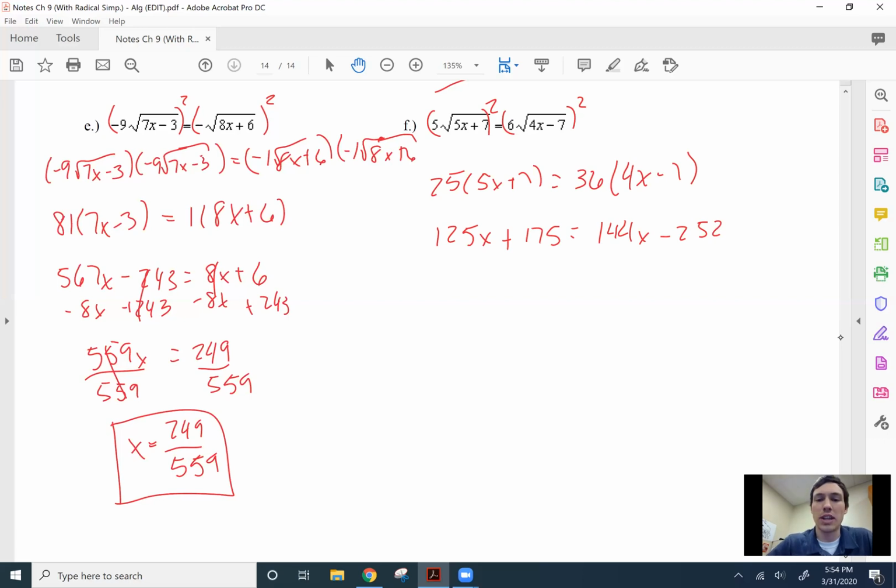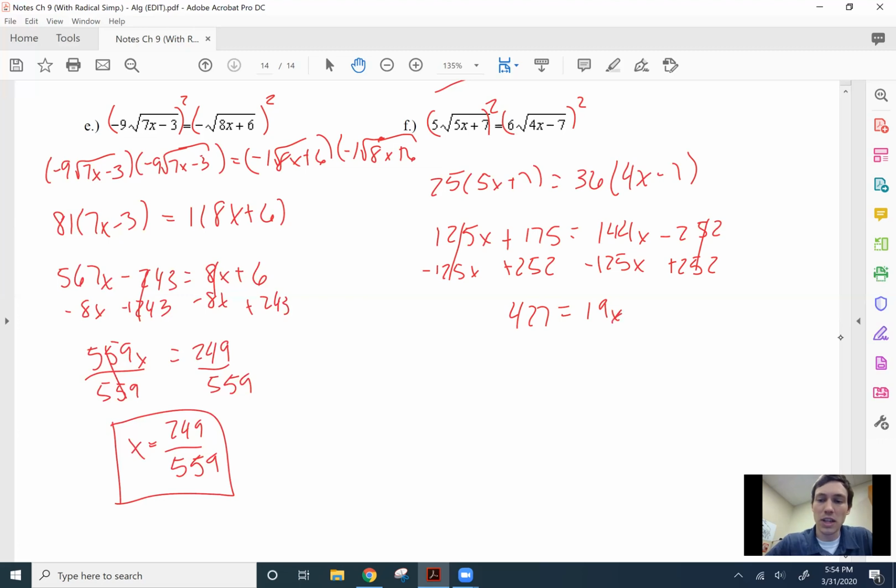All right, let's put them together. So I'm going to subtract 125x from both sides. I'm going to add 252 to both sides. That's gone. That's gone. So 252 plus 175 is 427. 144 minus 125 is 19x.